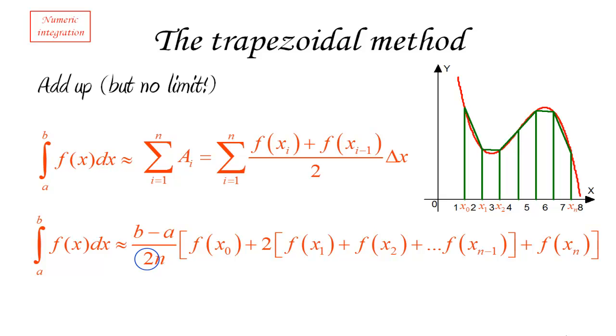The last point, xn, which is our good old b, is also evaluated only once, as f of xn, and then all the values in between get evaluated twice. So it's a long, probably tedious formula, but it has a certain pattern to it and can be fairly easily implemented. In fact, I'm sure you'll be able to write yourself a very short program to implement it. And here is the trapezoidal method.